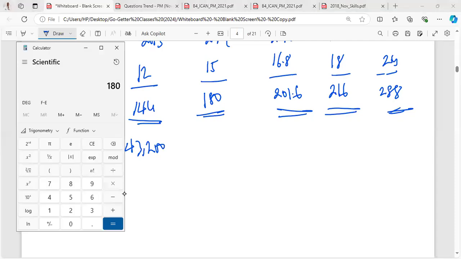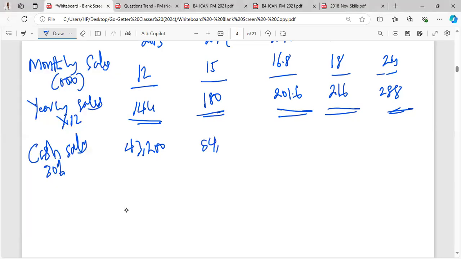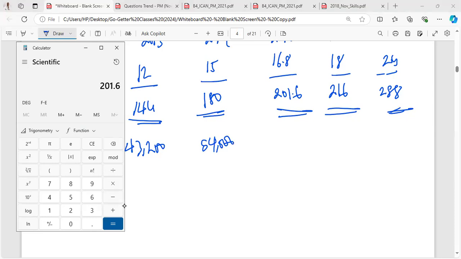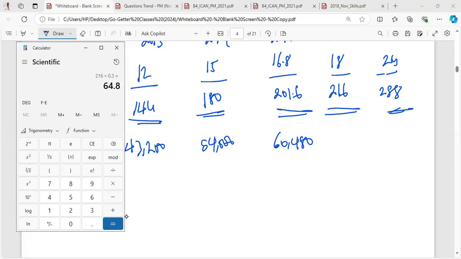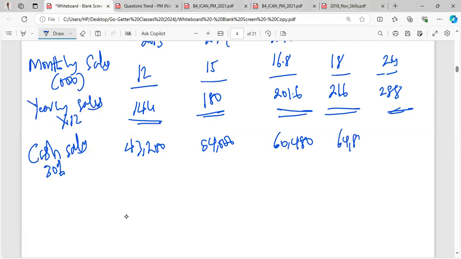180 multiplied by 0.3, that's 54,000. Then we have 201.6 multiplied by 0.3, that will give you 60,480. Then we have 216 times 0.3, 64,800.